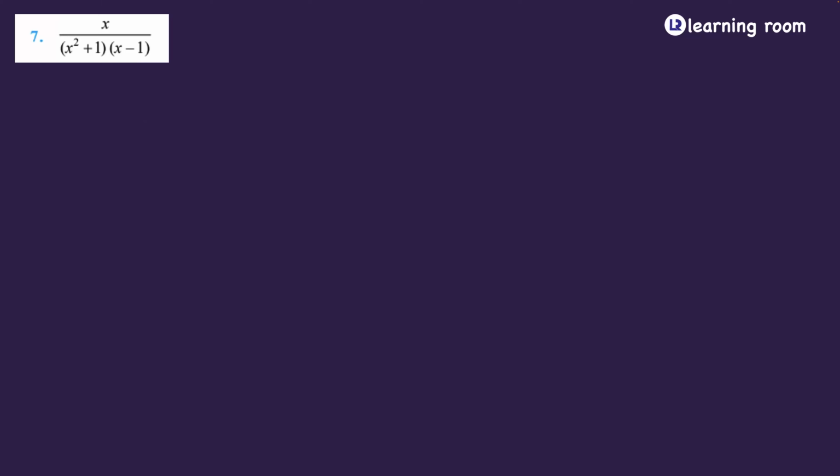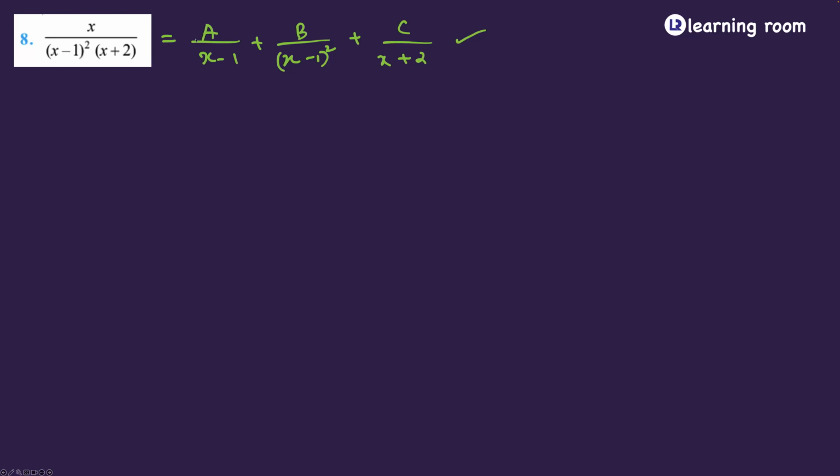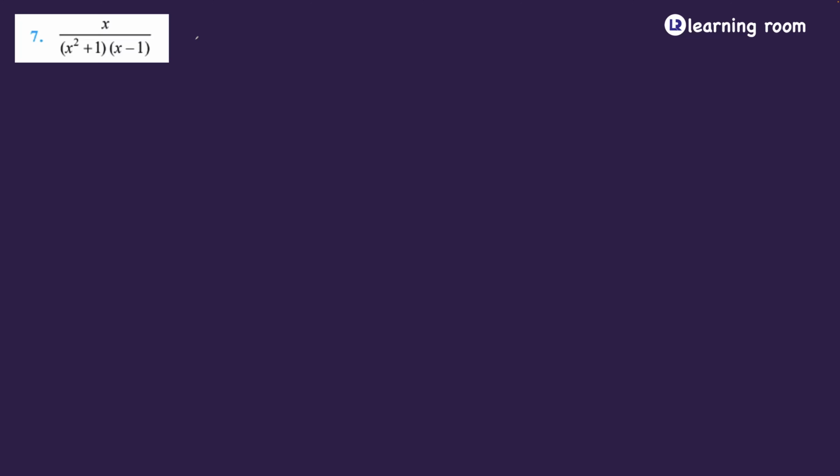Okay. So this is equal to, what did I say? It is a by x minus 1 or x square plus 1. Sorry, it is a by x minus 1 plus bx plus c divided by x square plus 1. So when you take LCM and solve it, it is going to be a into x square plus 1 plus bx plus c into x minus 1.